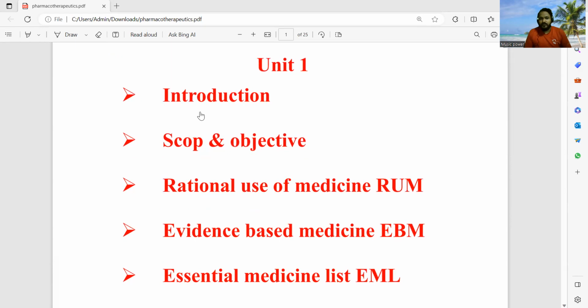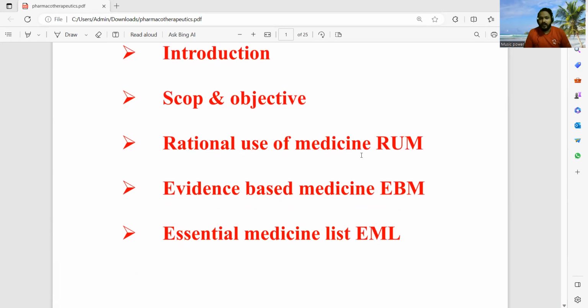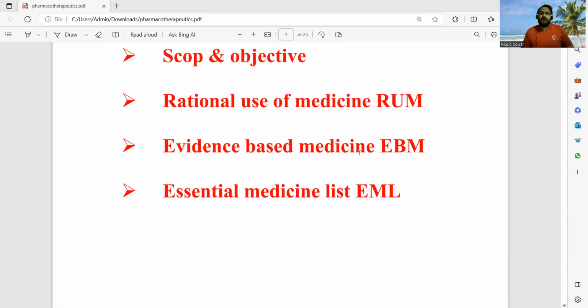The first unit covers introduction, the scope and objectives of pharmacotherapeutics, RUM, rational use of medicine, EBM, evidence-based medicines, and EML, essential medicine list.